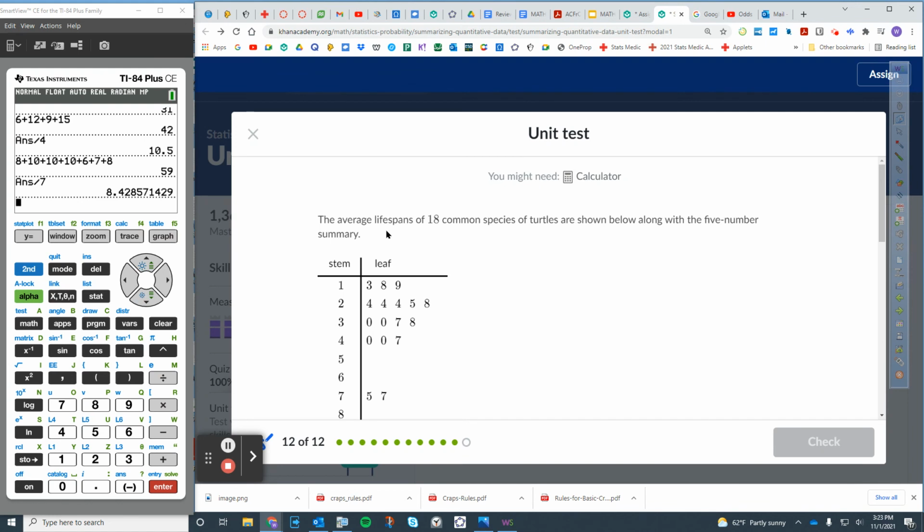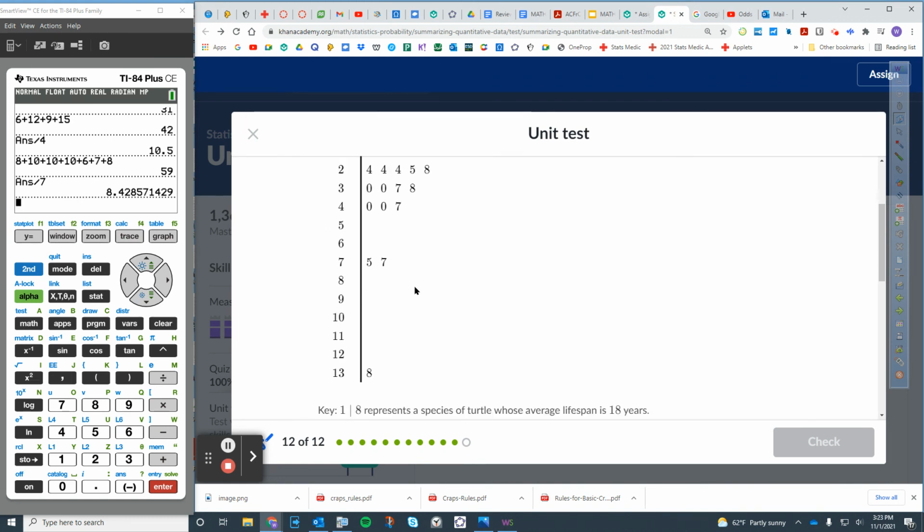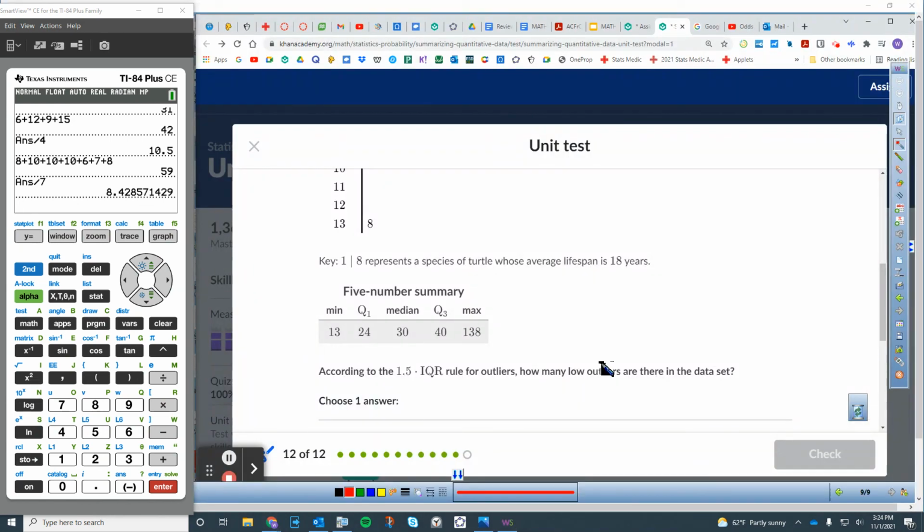Okay, last one. The average lifespan of 18 common species of turtles are shown below along with the 5-number summary. So you have the stem plot here and the 5-number summary, and you're asked to find the low outliers. Now, I don't know if you recall, for low outliers, the formula is Q1 minus 1.5 times the IQR.